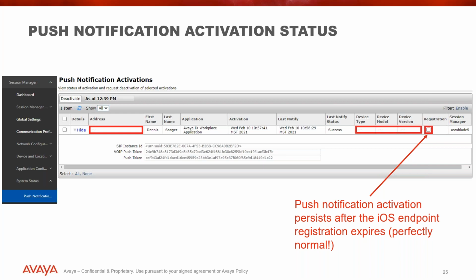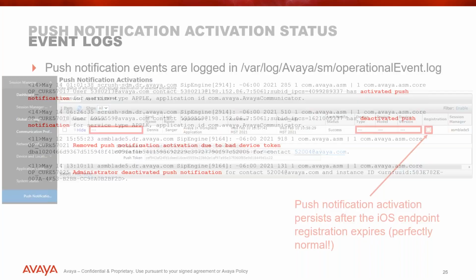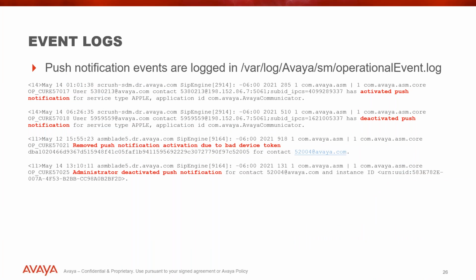The activation is not going to time out, at least not explicitly, not until Apple decides that it's a bad device token. So if you want to deactivate push notifications for that user immediately, you can go to this form, click on deactivate, and then that user no longer receives push notifications. And you'll see this fourth example in the log file in the operational event log.